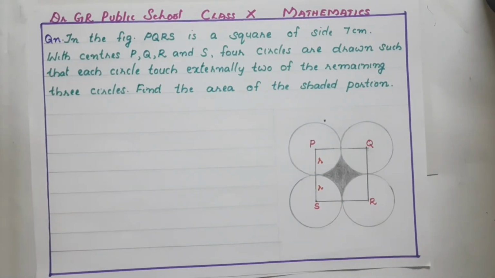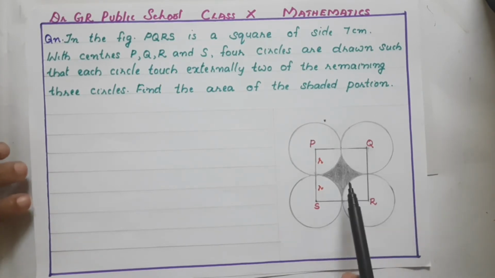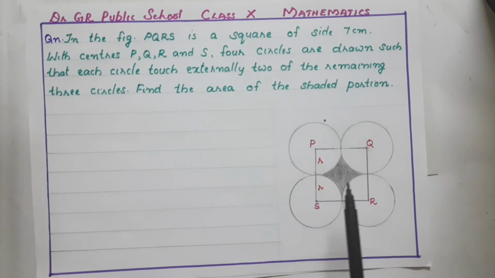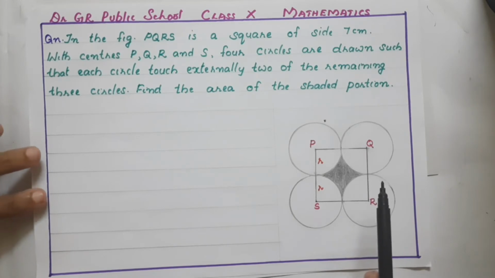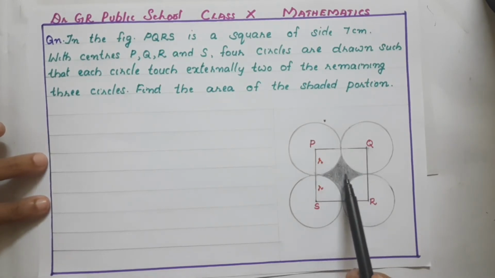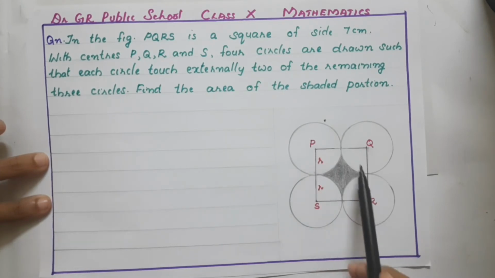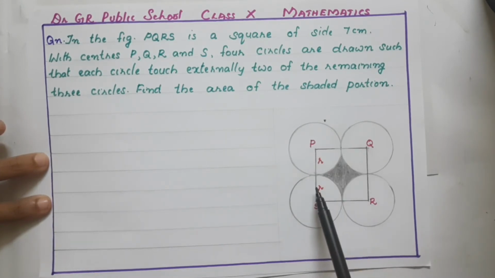Okay. Now, how can we find out the area of the shaded region? I said, first of all, you have to understand where the shaded region is, or inside which figure this shaded region is. Look at this. See, this shaded region is completely inside the square, isn't it?